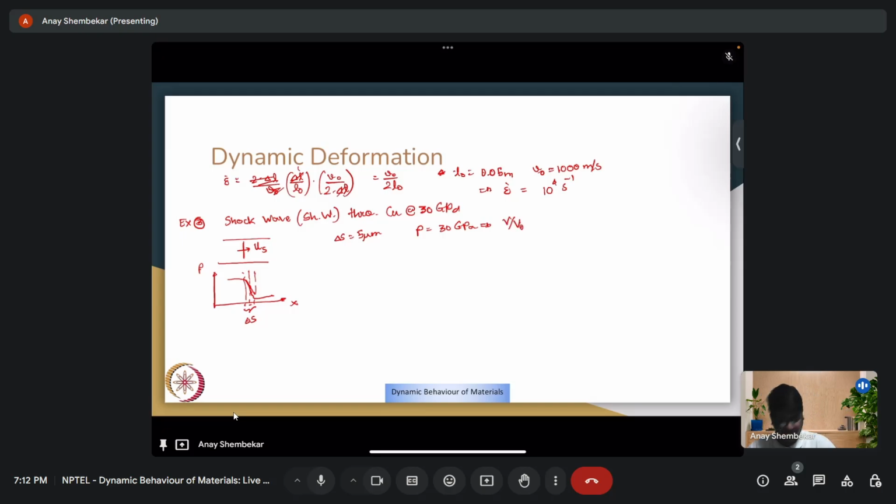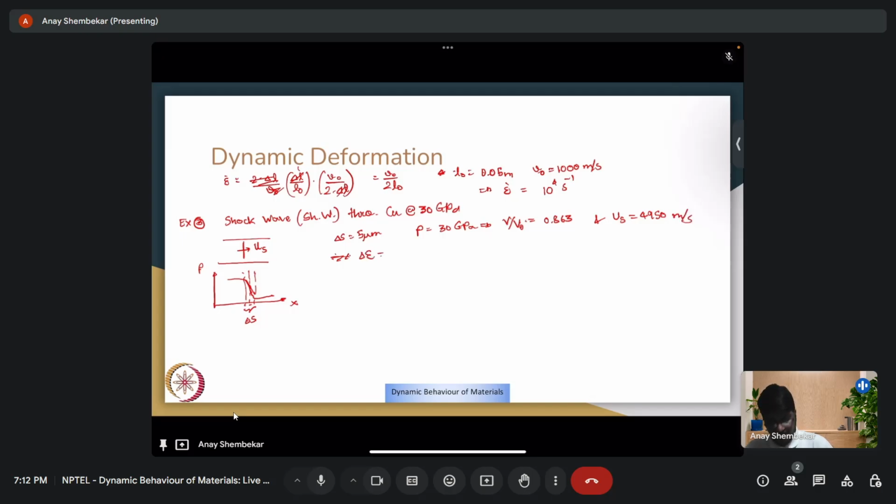I think table 4.2. V by V naught, which is the relative reduction in volume, is 0.863. Therefore, epsilon, and shock wave velocity is 4950 meter per second.